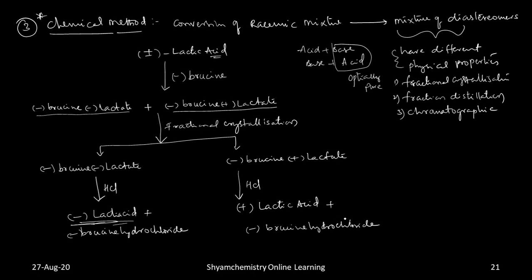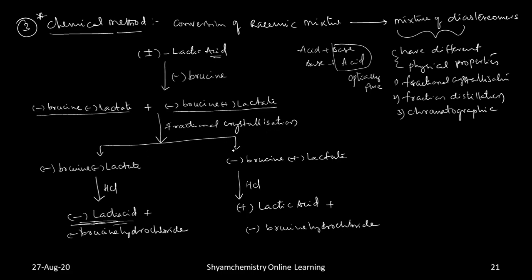So here we are using the amine compound brucine to separate two enantiomers from a racemic mixture. Initially, adding this base converts the racemic mixture into a diastereomeric mixture, and the diastereomers are separated by fractional crystallization.